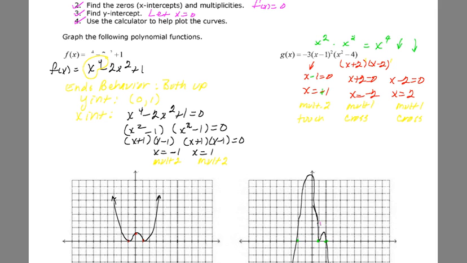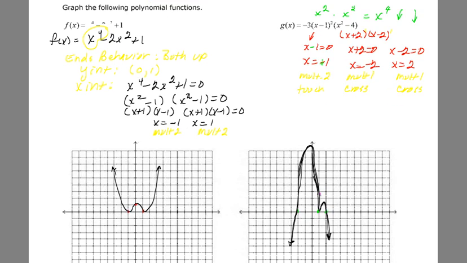Now this is not the best picture, but it's just kind of an overview of what happens with this graph. Hopefully you would take a little bit more time and get a better graph, or I should say draw a better graph of your polynomial function. But again, we're using the calculator to let us determine where to place those curves.